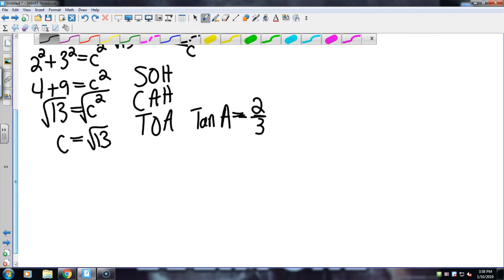When I do that division, my tangent of A is going to be 0.666 repeating. And so remember, I'm going to hit my second button, and then tangent, and that tells me that angle A is approximately 33.7 degrees.